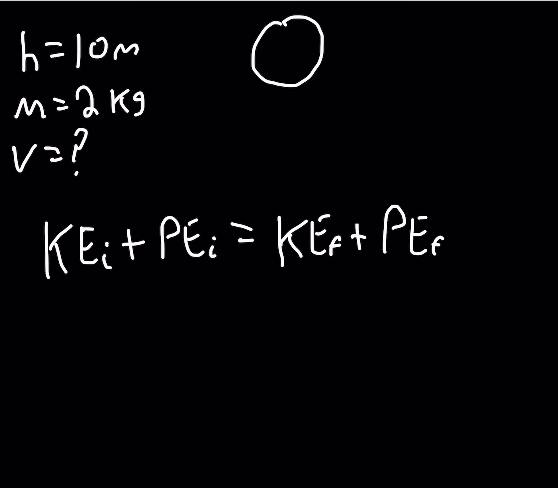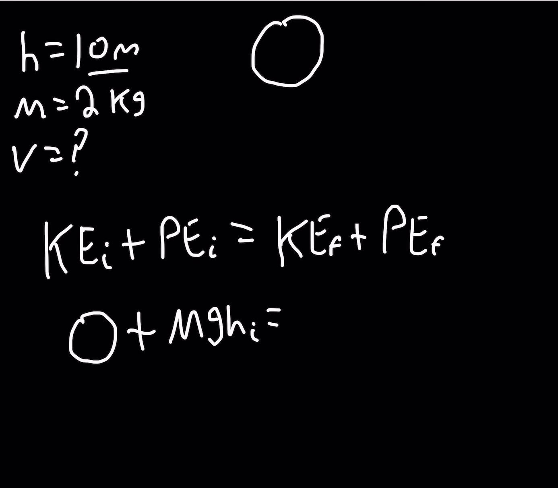So our initial kinetic energy would have to be what? 0. And we said that it starts from some height, as I said, 10 meters over here. So there is some potential energy initially. So mgh. And I'm going to put a little i by the h because it starts at some initial height, right? We're trying to find the velocity right before hitting the ground.